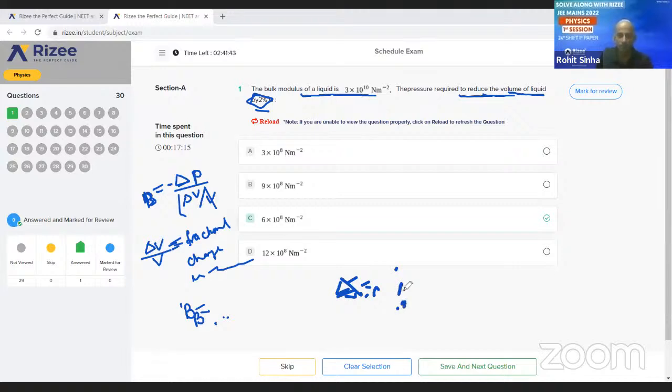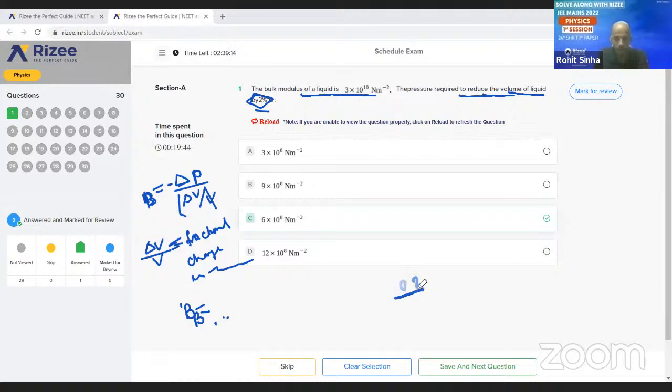Okay, now what we can do, see here, delta V by V is given as 2%, that is, we can write it like this, 0.02. The fractional change in volume, delta V by V, is given as 0.02.